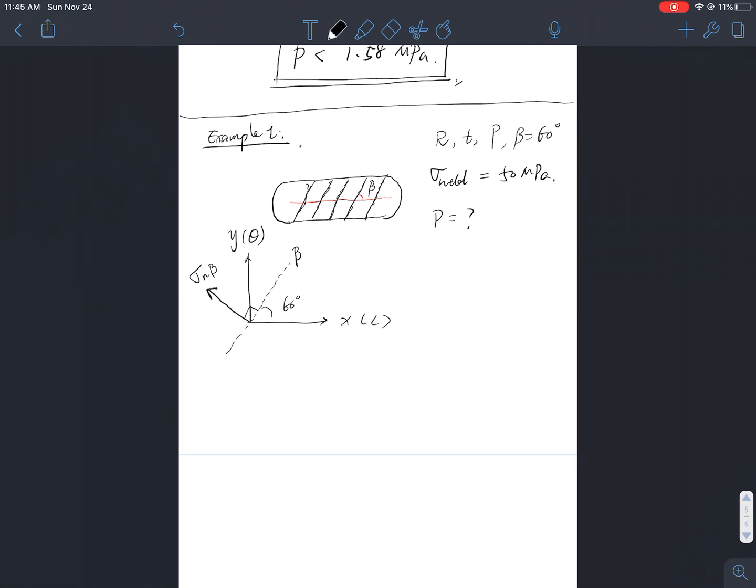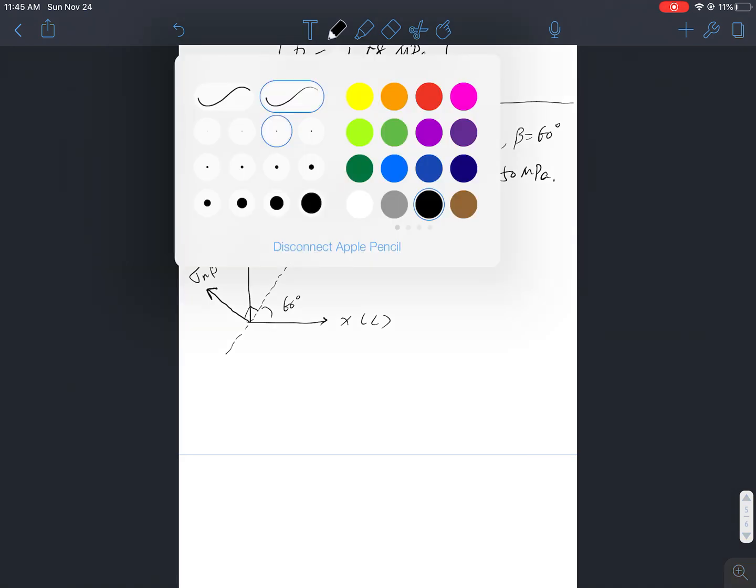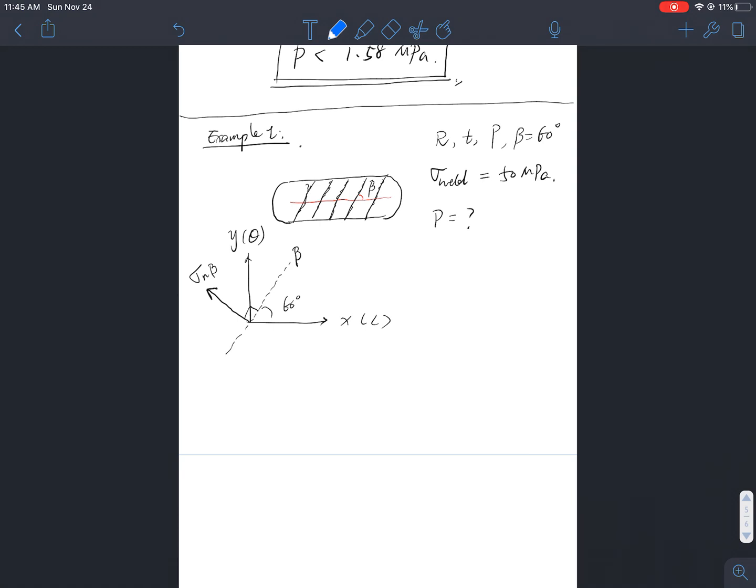And don't forget the right-hand rule. Let me draw this right-hand rule right here so we can understand. The right-hand rule goes like this. If you point out your thumb direction, and this is your normal direction, rotate by 90 degrees, you have the T direction. So this is the right-hand rule.